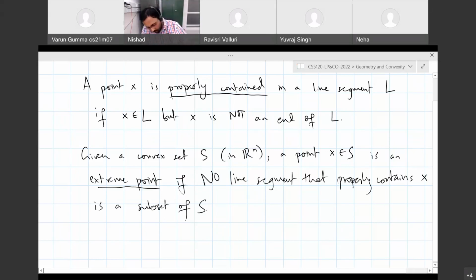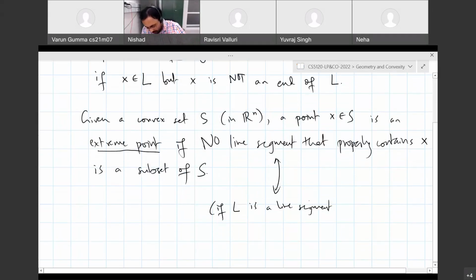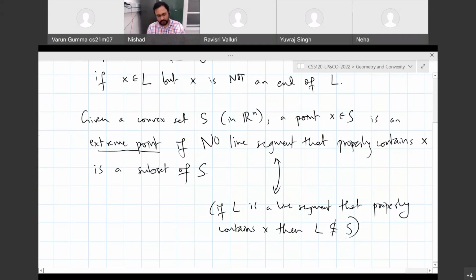Right? In other words, if L is a line segment that properly contains the point X, then L cannot be a subset of your set.